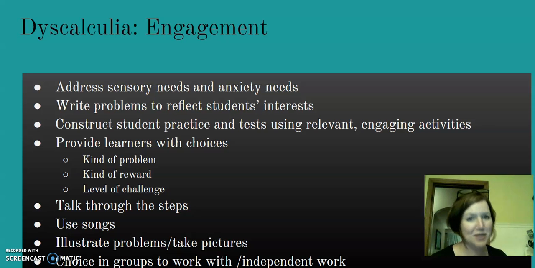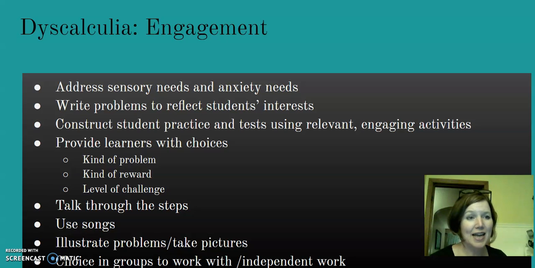Talk through the steps with them. Just talk about it with them. Have empathy for them, and just make it a discussion. People like to talk with one another sometimes, unless they're the shy student. Use songs, especially with multiplication facts and such. Have them illustrate the problems, so you get your artists involved.